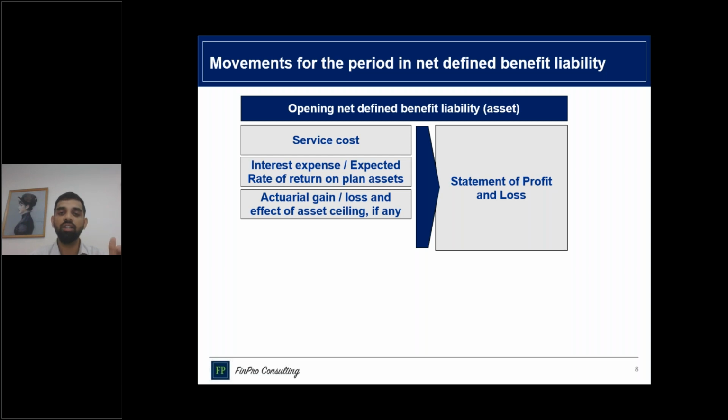So naturally, the employer paid less benefit as compared to the originally estimated benefit. Earlier we were presuming that the gratuity will be based on a salary which is escalating at 10%. However, when you actually made the payment, the salary had escalated only by 7%. So naturally, I had recognized more liability and I paid less when the employee retired, which resulted in a gain to the organization because I paid a lower gratuity amount.